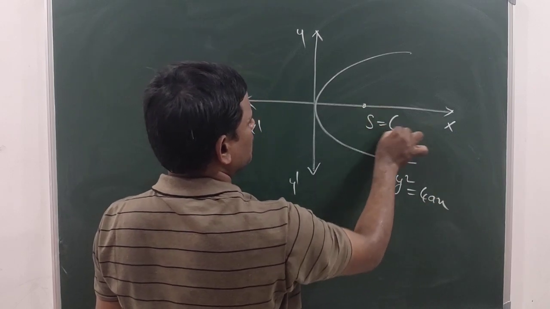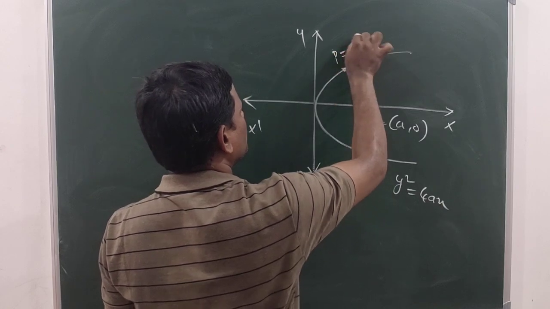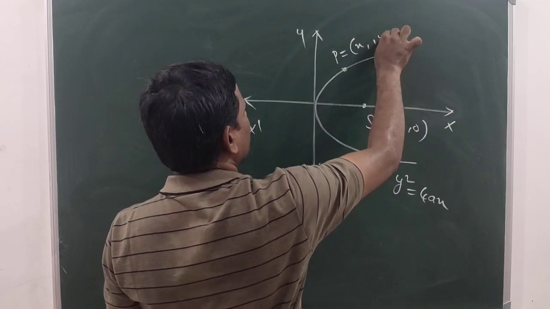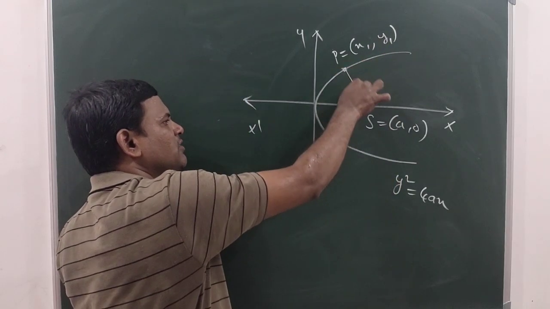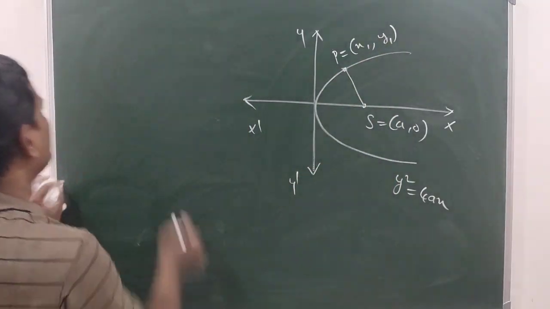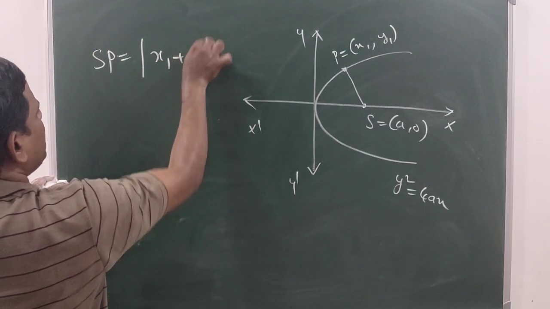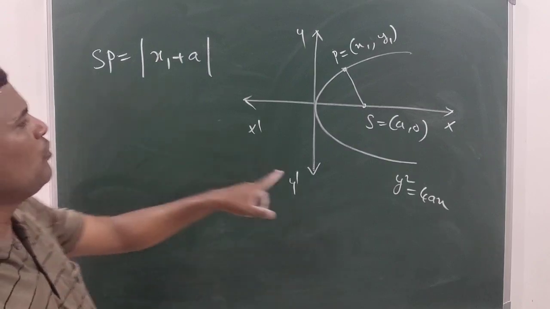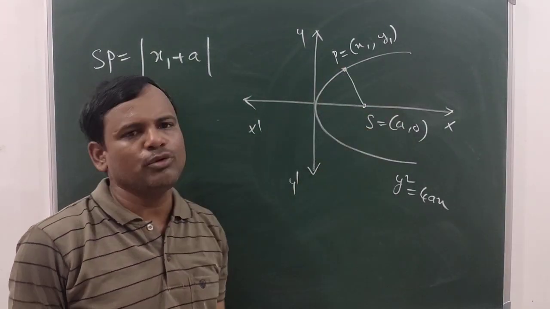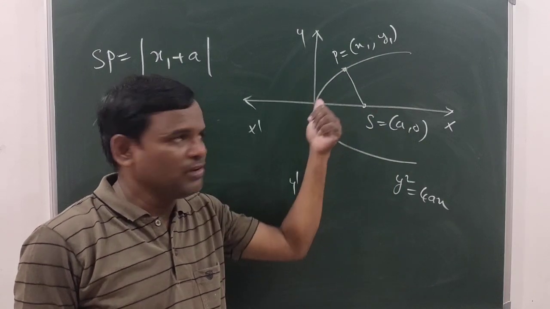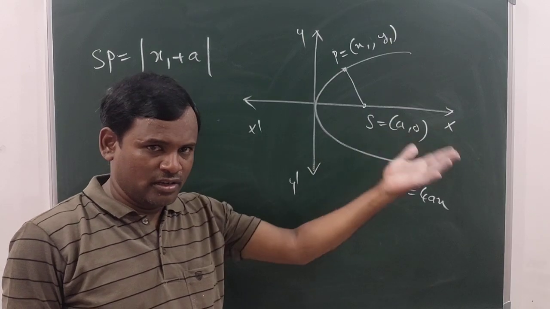Here, take focus as (a, 0). Now take a point P over here, whose coordinates are (x1, y1) in Cartesian form. If you measure the distance from S to P, you will get mod of x1 plus a. Am I right? This is called the focal distance from S to P. Just apply the distance between 2 points. In that simplification, in the place of y1 square, you have to write 4ax1 and simplify.